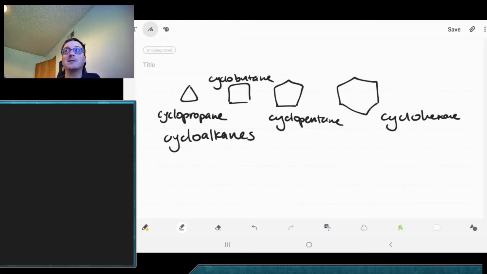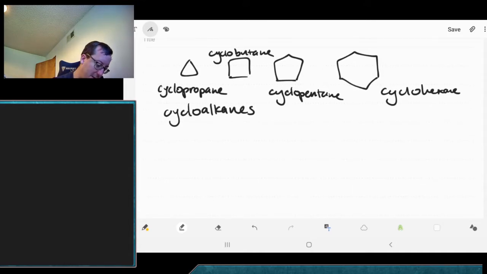However, sometimes you'll see it's easier to make your parent not a ring, like with that example Kevin had posted in Discord about the 2,3-dicyclohexylbutane. It's a little bit easier to name it that way than to try and name the ring as the parent structure.